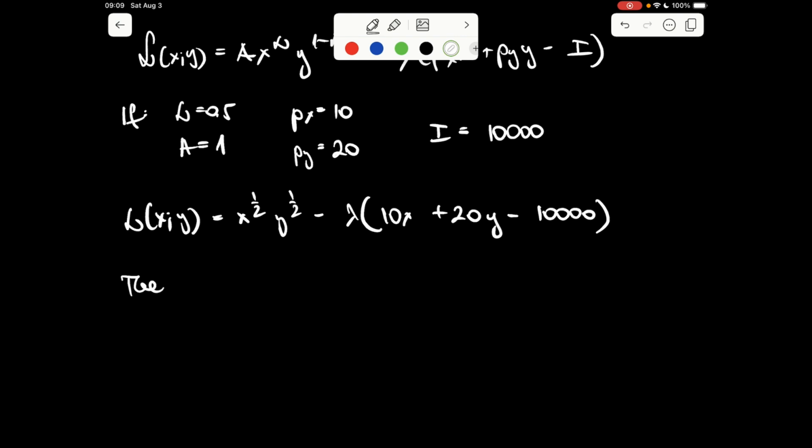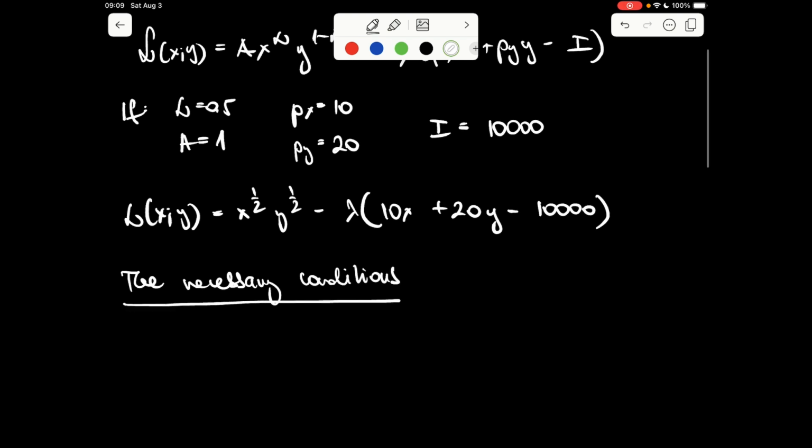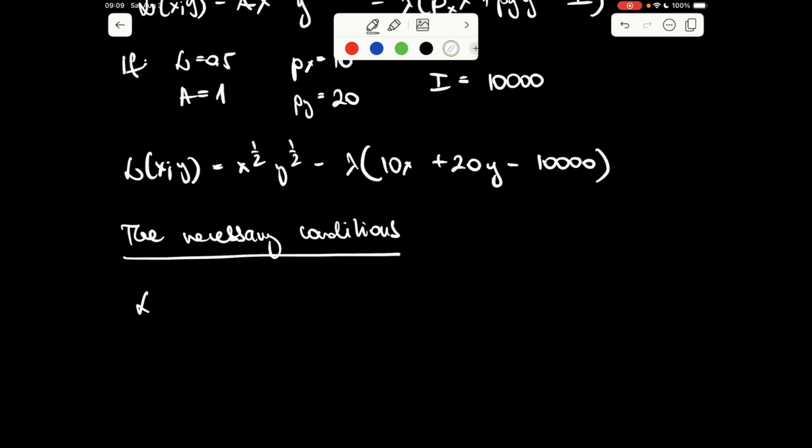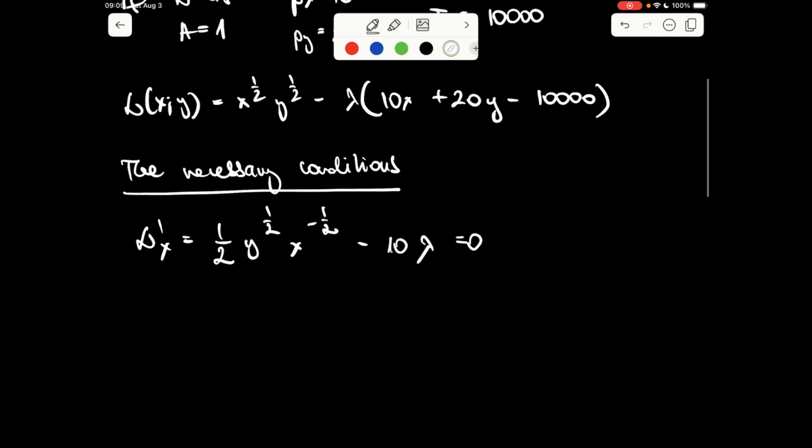The necessary conditions come from differentiating the Lagrangian function with respect to X and Y. This is from elementary analysis. If we have a function which we maximize or minimize, its first derivative must be 0 with respect to all the variables.